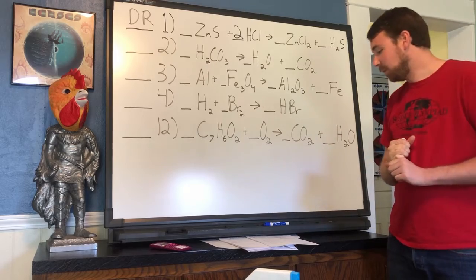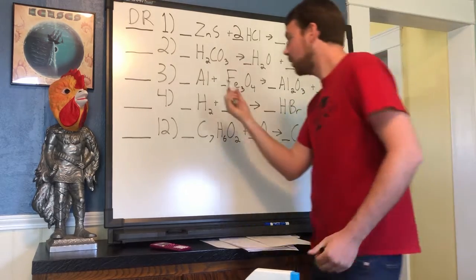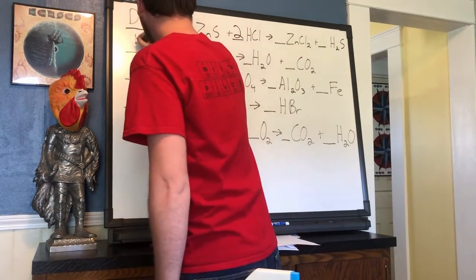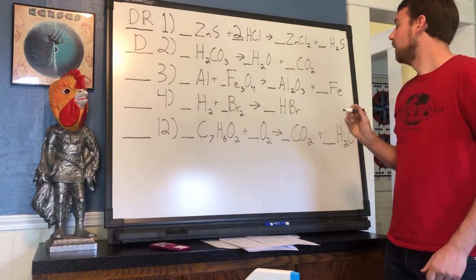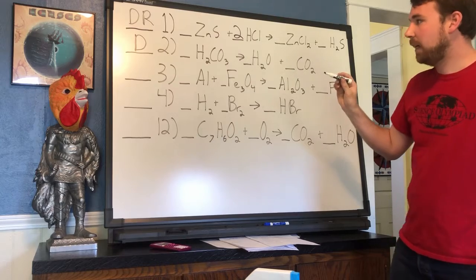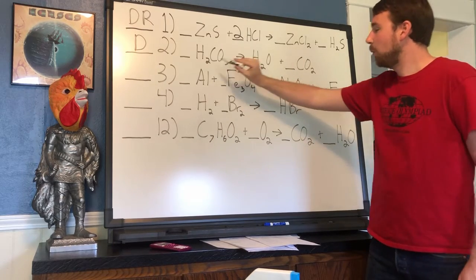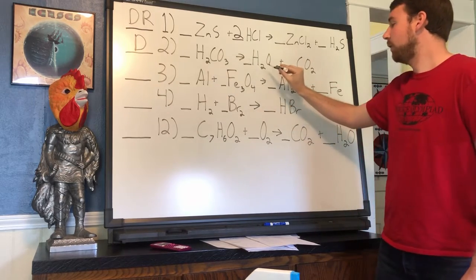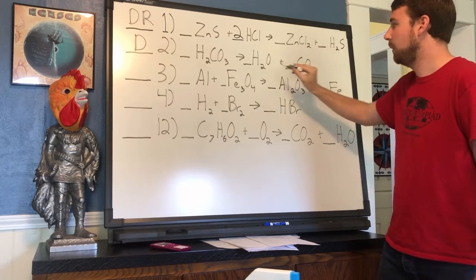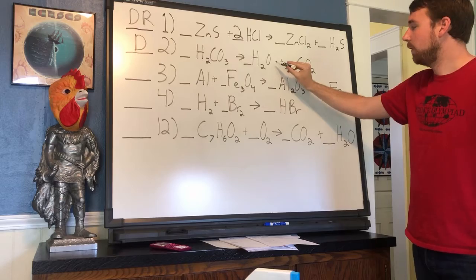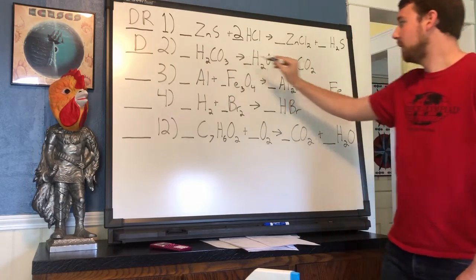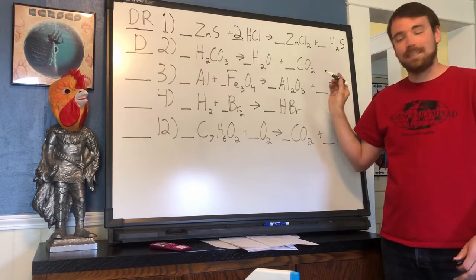This is an example of a decomposition. Now, if we look at our decomposition, we have 2 hydrogen and 2 hydrogen. We have 1 carbon and 1 carbon. We have 2 oxygen here, 1 there. So this decomposition is already balanced.